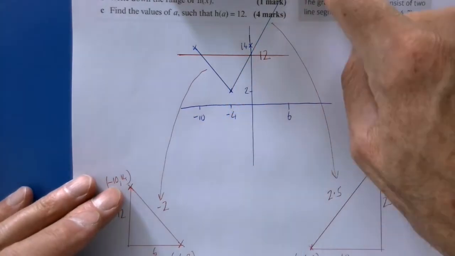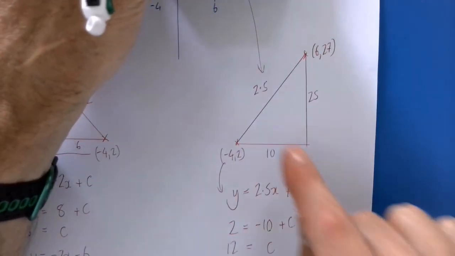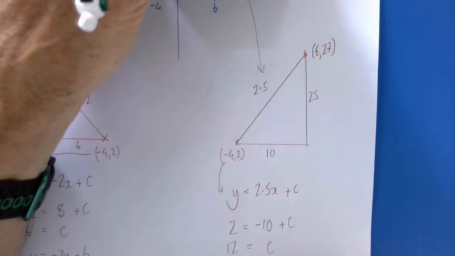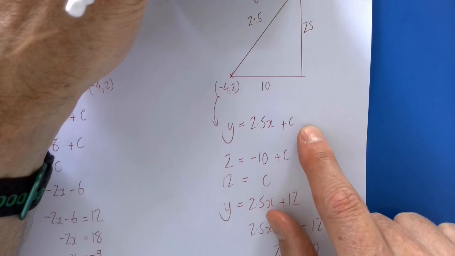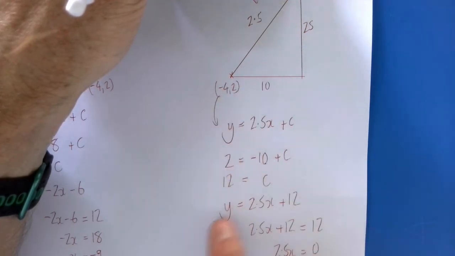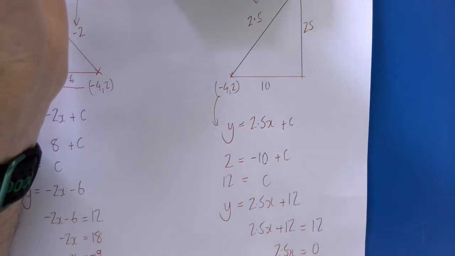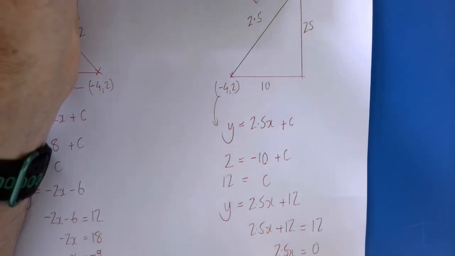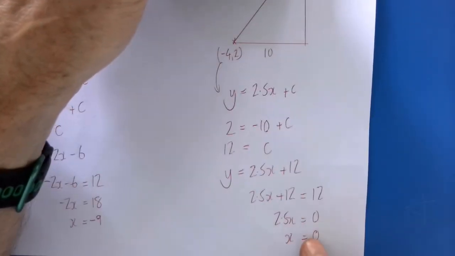I did exactly the same for this stretch, uphill line, so I'm expecting that to be a positive gradient. And it was 2.5, 5 over 2. So I said, right, the equation of the line is 2.5x plus something, substituted in that point. That something was 12. So it crosses the y-axis at 12. So where does it cross the y equals 12 line? Well, it's at 0.